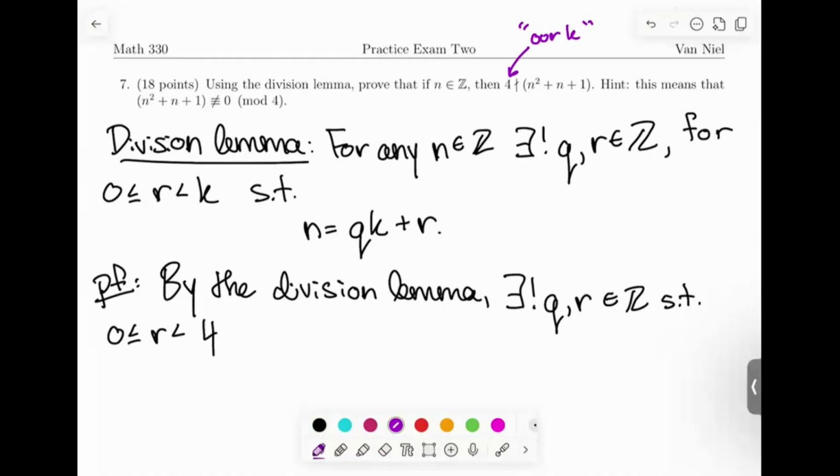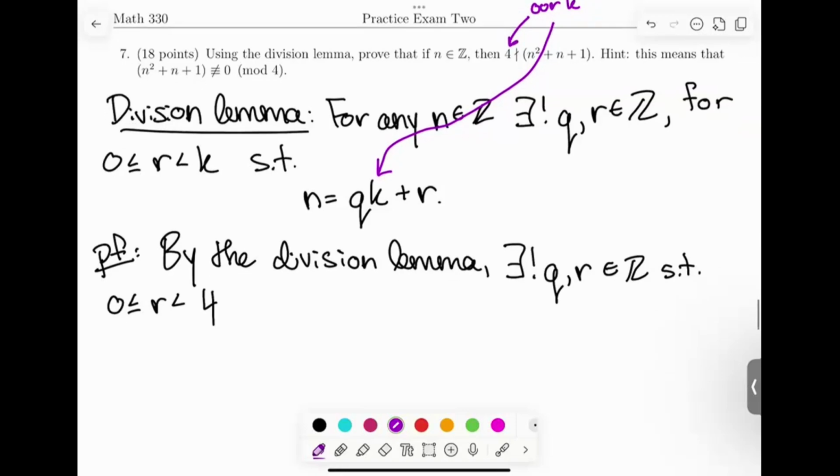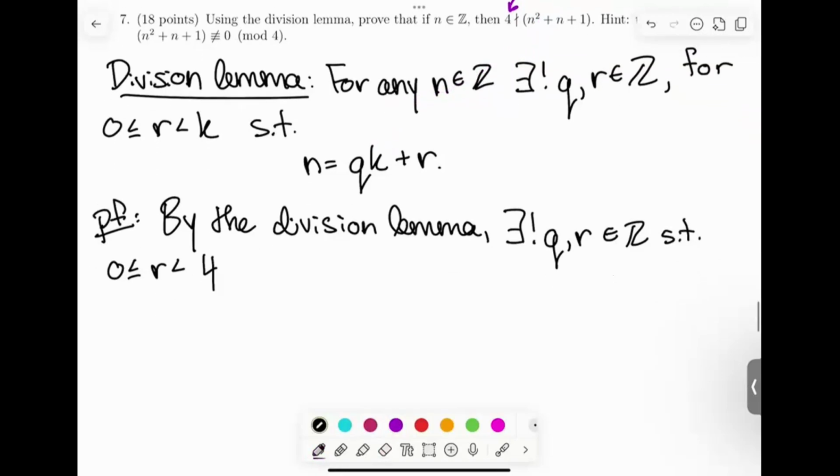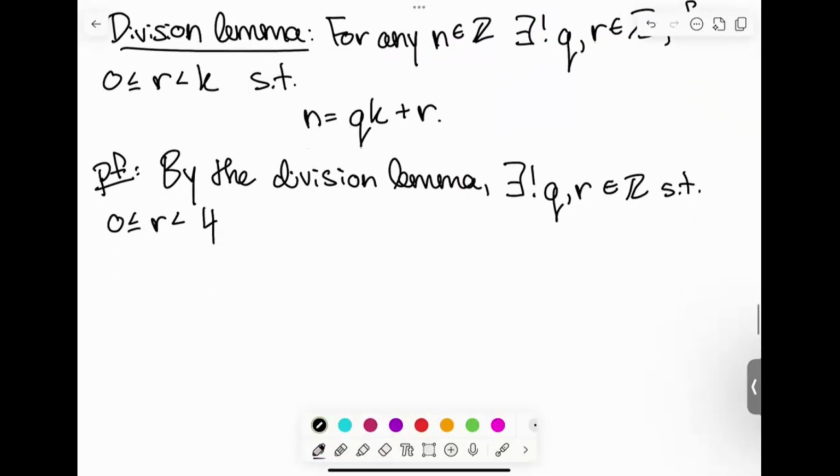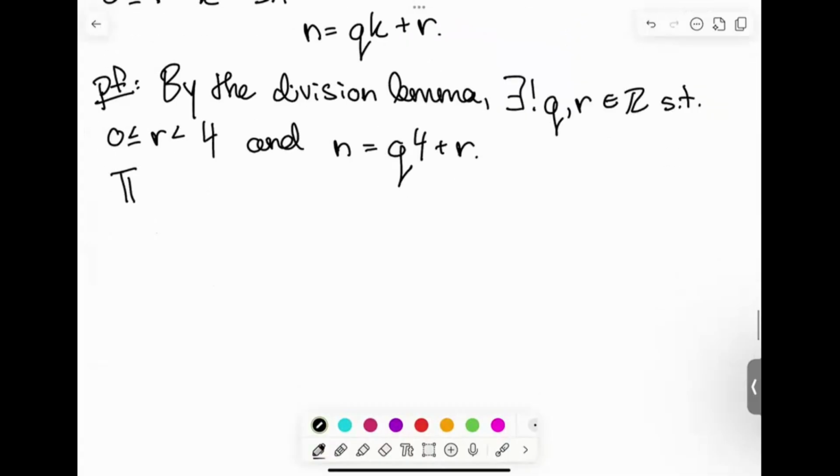And n equals 4q plus r. There are 4 cases.